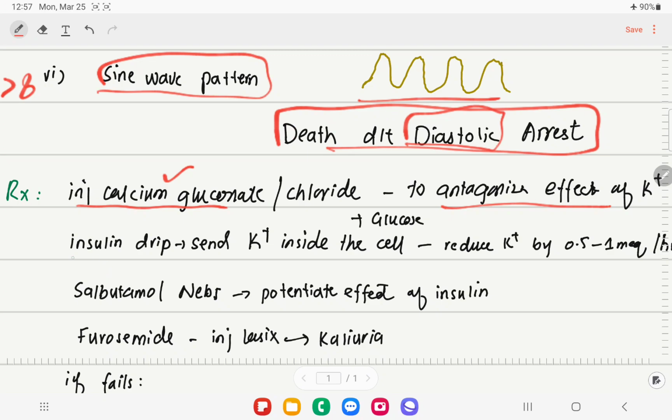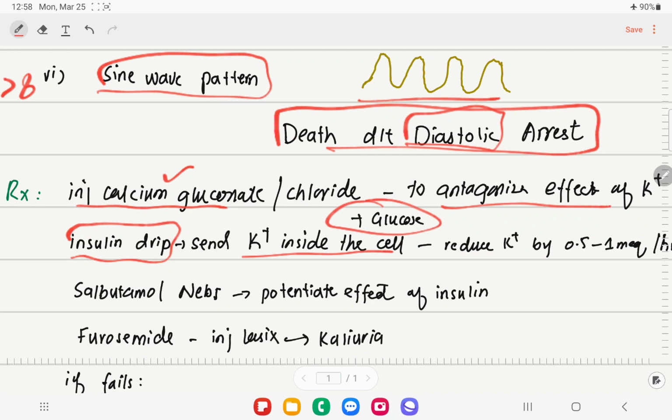The next thing is to give the insulin drip, right? We'll have to give it along with glucose, because insulin is going to cause hypoglycemia in these patients. They may die of hypoglycemia, but not because of hyperkalemia. So we have to add insulin along with glucose, right? Basically, we're going to internalize the potassium into the cell.